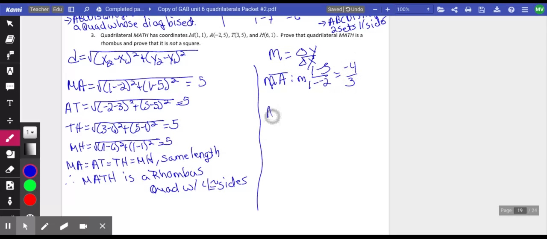And then I'm going to do AT, because those are next to each other. So AT is 5 minus 5 over 3 minus -2. That's 0. -4/3 and 0 are not negative reciprocals.